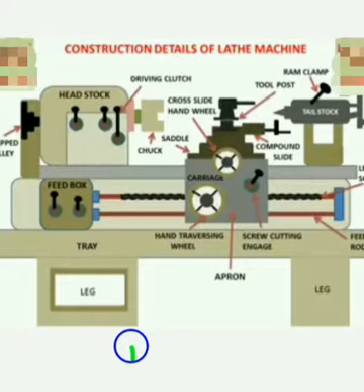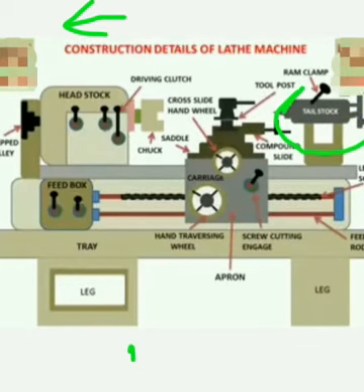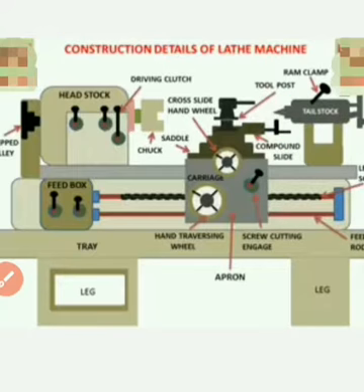It is mounted on the left hand side of the lathe bed. Now the next portion is the tailstock. It is mounted on the right hand side of the lathe bed. Its function is to support long workpieces and facilitate drilling, tapping and reaming operations.